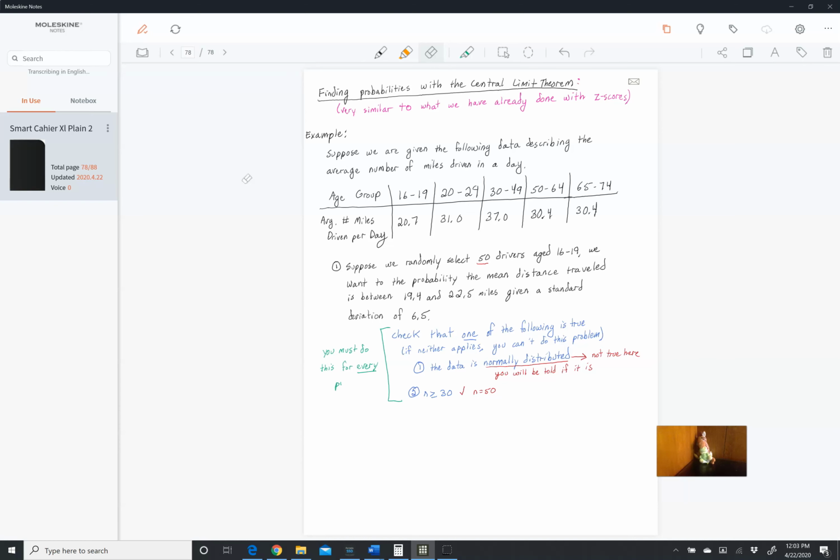Every single problem that you do like this, you have to do. So the data is normally distributed, so now we can go on.